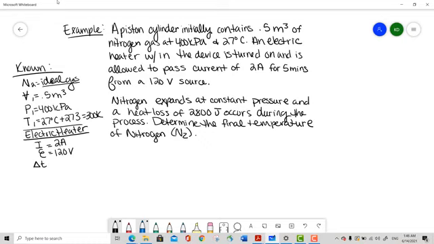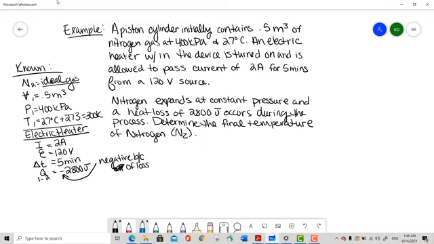Because it happened for 5 minutes. And we know what the heat transfer loss is, right? Because it told us. And it's a negative because it was a loss.